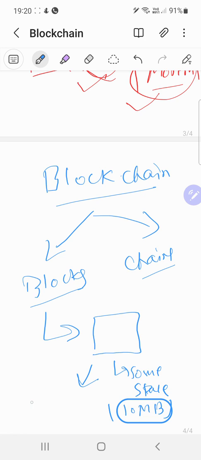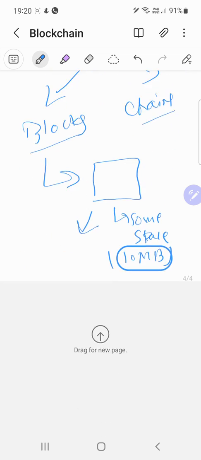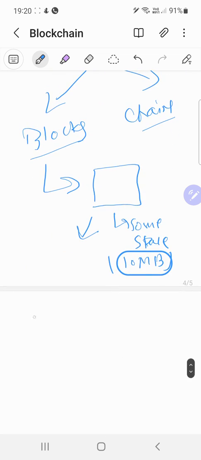So we have one block, and this block might have some sort of data, and that type of data can be anything. Right now we are using these blocks to store transaction ledgers, and that is what we are referring to as Bitcoin, because in Bitcoin we are storing the transaction history of the purchase and sale of those Bitcoins in these small blocks, and these blocks have some space.